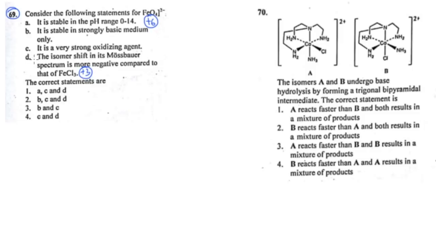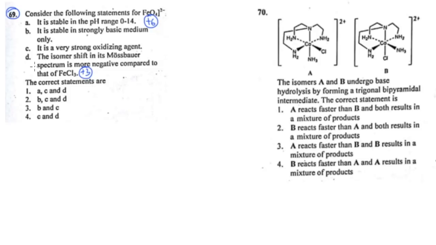Okay. So now, will it behave as a strong oxidizing agent or not? Oxidizing agent means it will undergo self-reduction in order to oxidize the other. Reduction means addition of electrons. So the one which can easily accept electrons and undergo reduction itself will oxidize the other one.